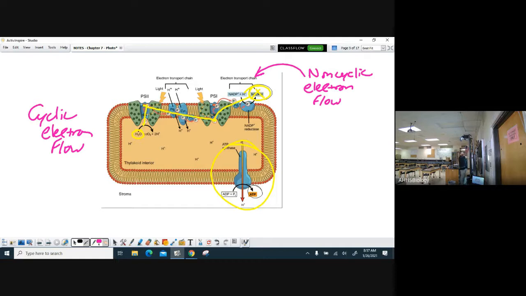If I overlay on purple on top of this, let's say that you split water 1 time, right? You take those electrons and they're being passed from protein to protein, reaction to reaction to reaction, and they get down here to photosystem 1.